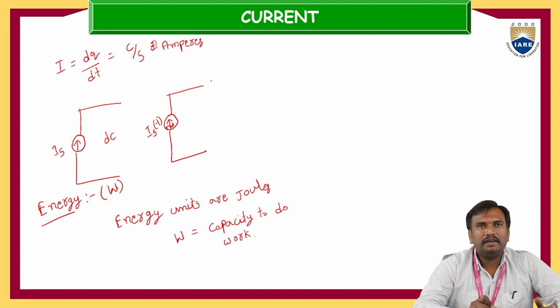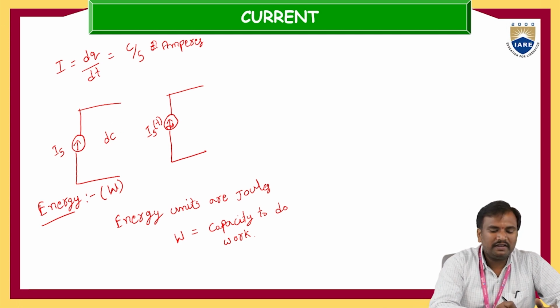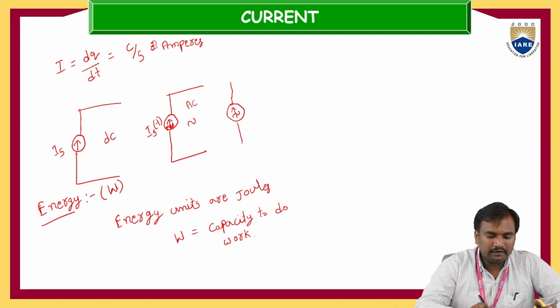And the current source indication will be: a current source can be represented in DC circuits as a circle with an arrow mark. And in AC circuits, a circle with an arrow mark along with an alternating symbol.